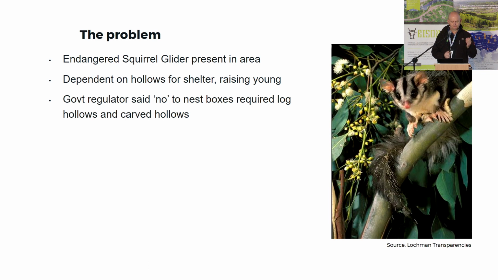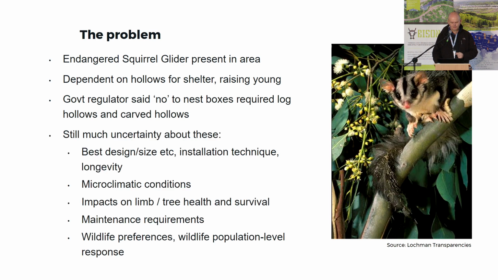The target species was squirrel glider, because they were the endangered species living in the area. They rely on these hollows. And so because of this stipulation about no nest boxes, the other options that we looked at were carved hollows, so actually with a chainsaw or a drill carving into a live tree, or putting up logs.